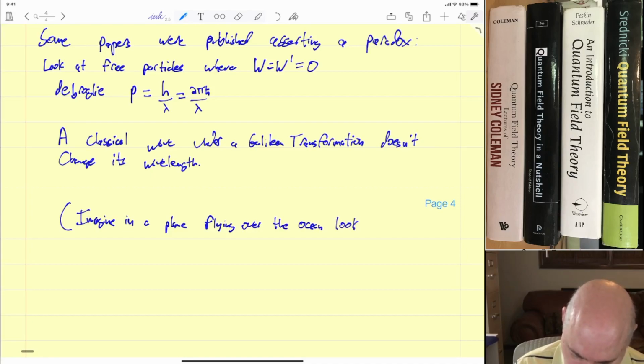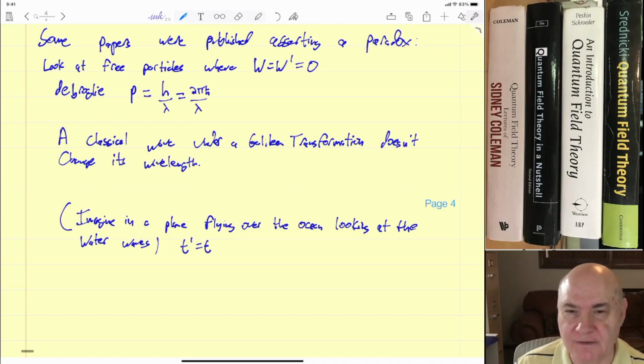Looking, it should be clear that the wavelength doesn't change. And basically the key thing is that T prime equals T.